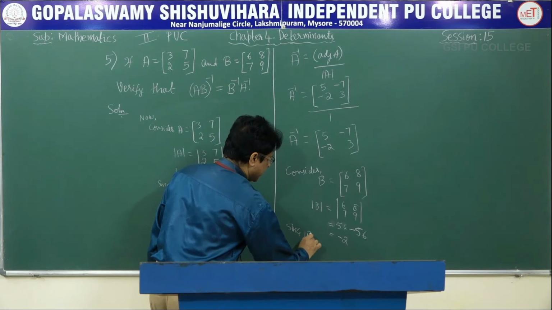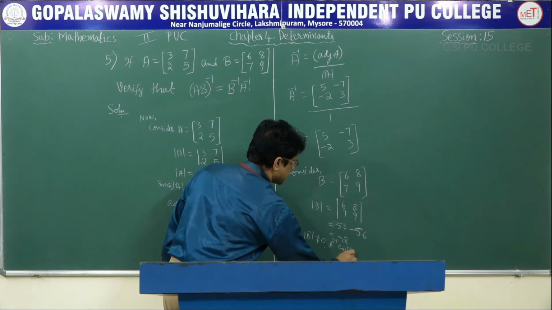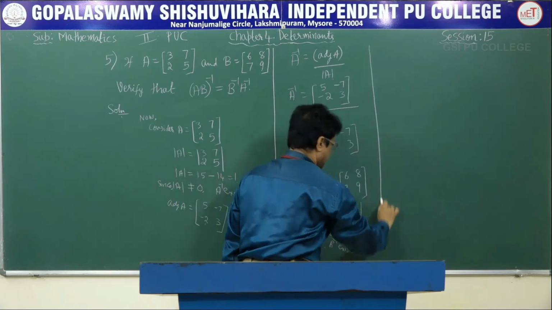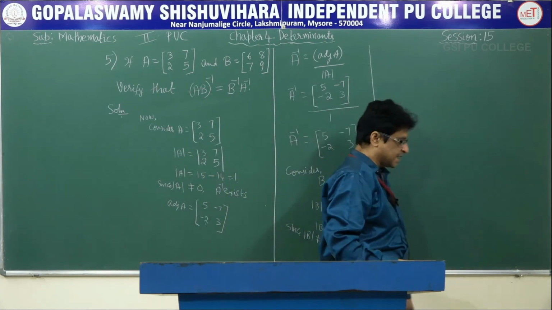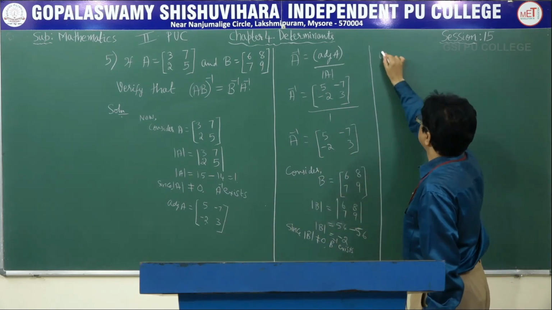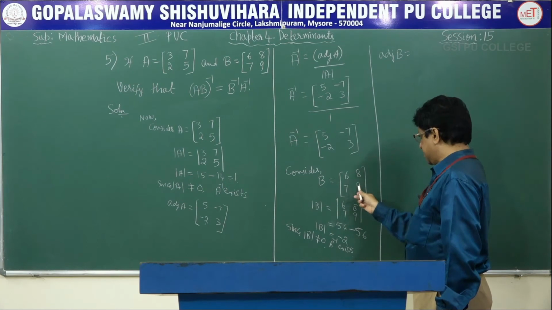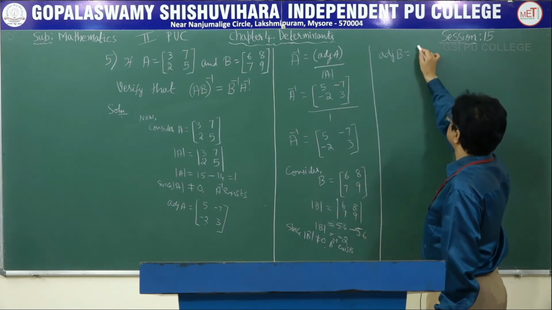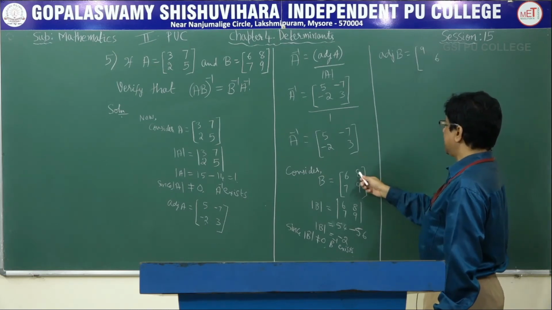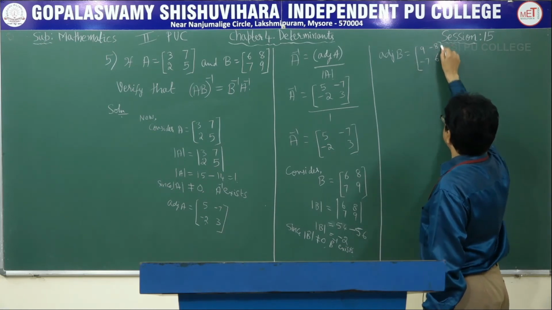Since determinant of B is not equal to 0, B inverse exists. Next we shall find adjoint of the matrix B. So adjoint B is equal to, interchange the diagonal elements 9, 6 and change the sign of the other diagonal, that is minus 8, minus 7.